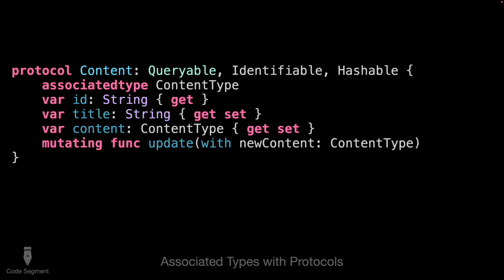The thing to know is that if you ever see, or if you ever define, in a protocol the associatedtype keyword, and then you create a new type after that, just like you do for parameter types, then moving forward in that protocol, you can refer to that associated type and know that any type that adopts content is going to have to define what content type means for them. They have to make a choice.